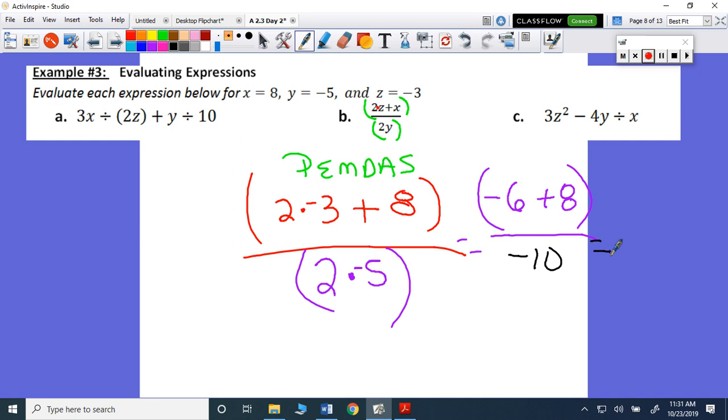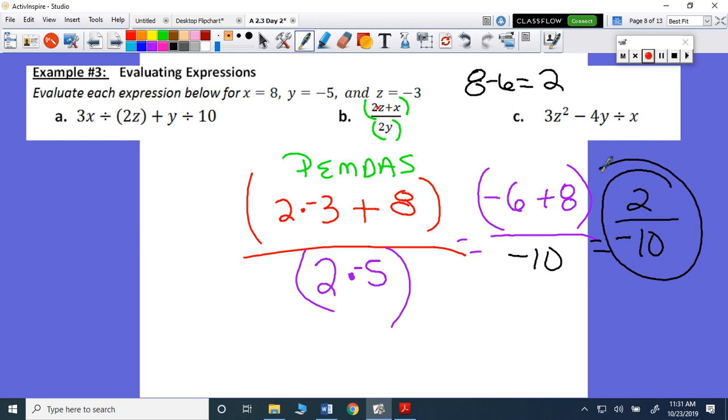Positive, right? Because unlike signs, you subtract and take the sign of the larger number. 8 is bigger. Okay. We had the negative 10. Are you going to leave me that answer, or can we reduce it just a tad? Divide by 2 to get 1/5. So that means everybody has a factor of 2, and it's a negative.